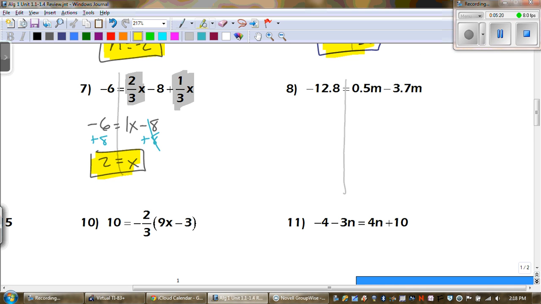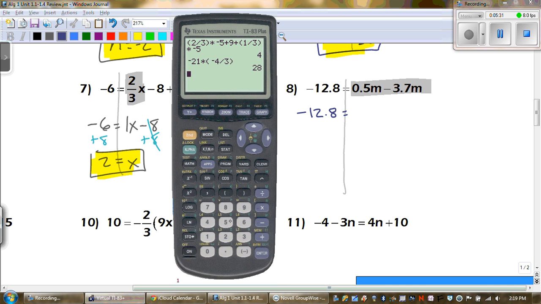All right, number 8. You can combine your like terms, and the negative 12.8 stays the same over there. On the right side, you have 0.5 minus 3.7, and you get negative 3.2.